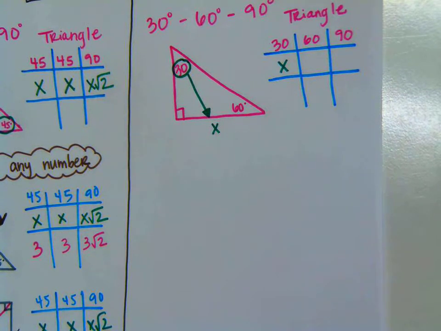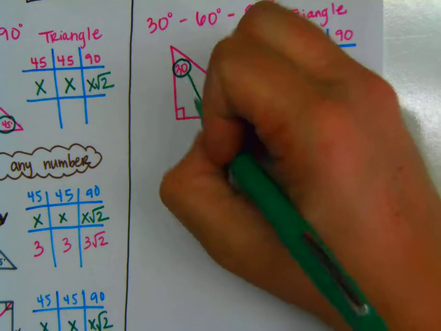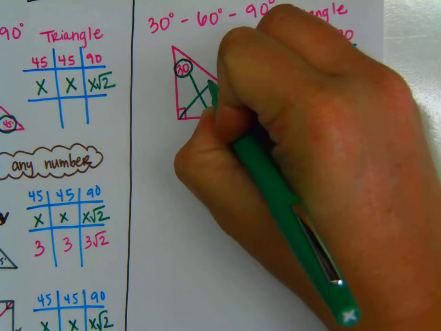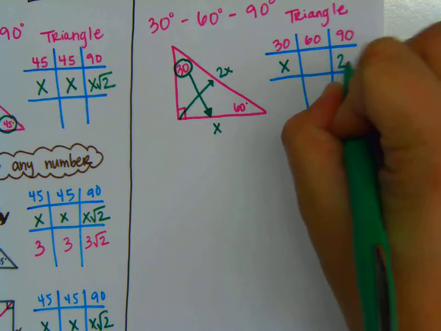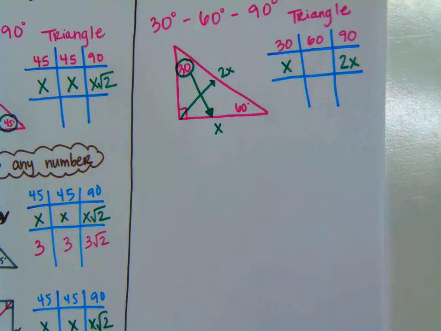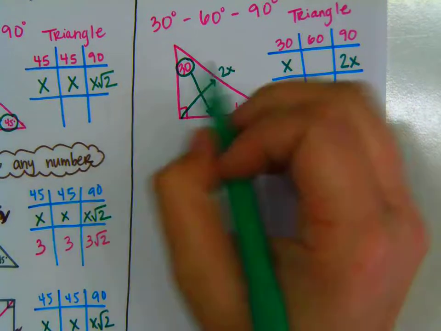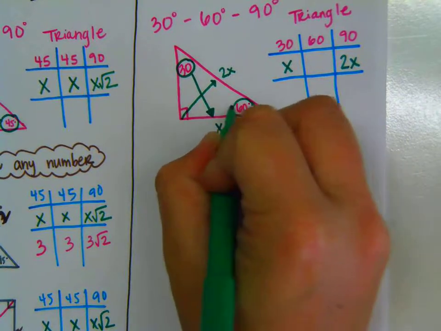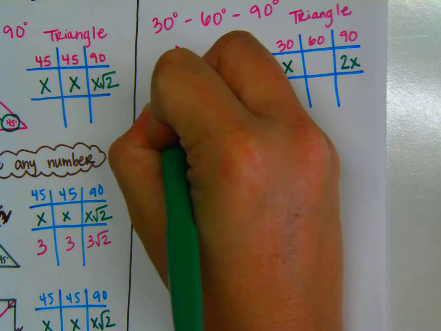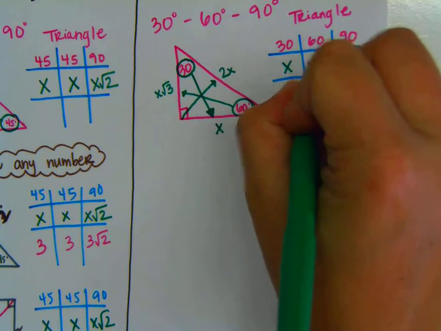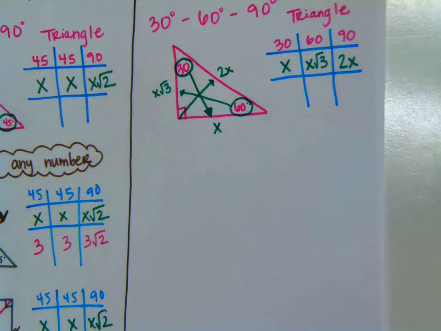I'm going to skip 60 for a second and go to 90. Across from the 90 is 2X. So we have X, we have 2X. And then across from that 60 is going to be X root 3. Okay, so those two lines stay the same: X, X root 3, 2X.